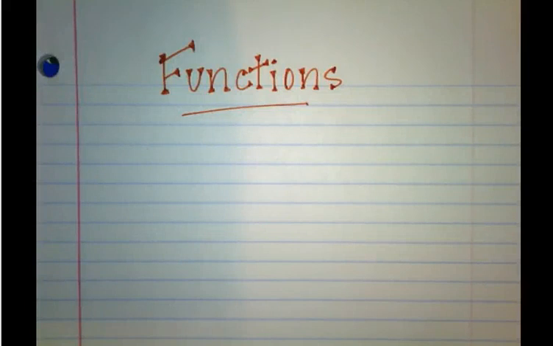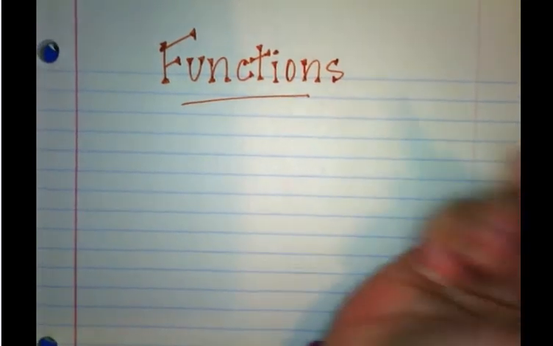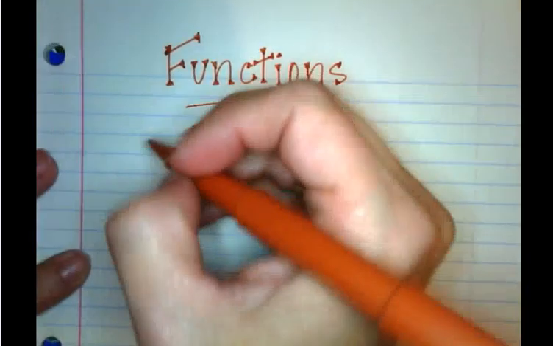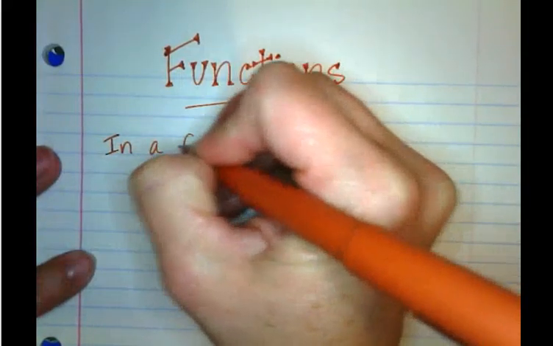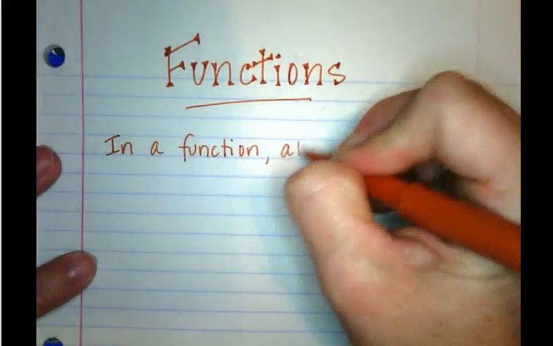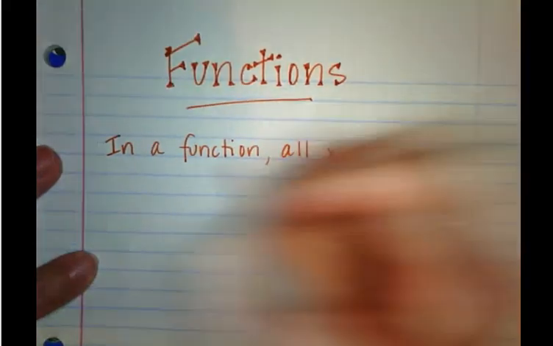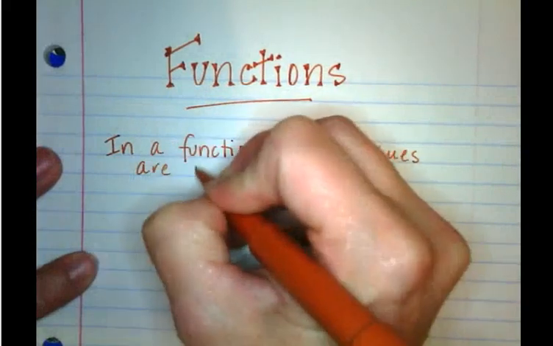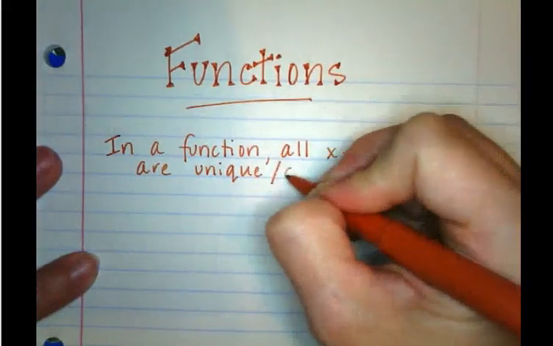Okay, for our next video, we are going to discuss functions, and functions are relations. So they start off just being ordered pairs, but there's something special about a function, and that is that in a function, all x values are unique, which means different.